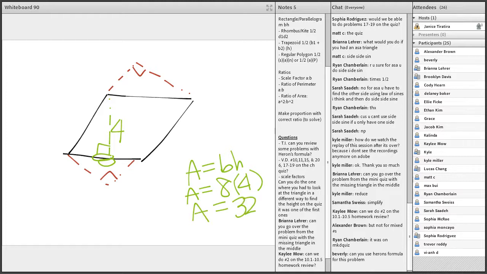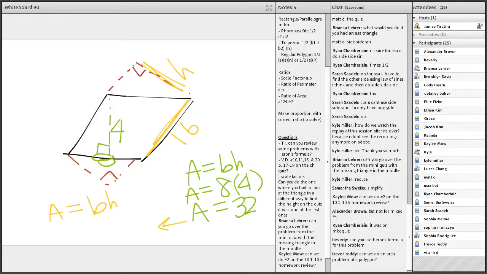Okay, but what if I put this length, and this length out here is 16 and h. So now I have to do the area formula all over again, but now I have a missing variable h. So I have to look at it from a different perspective, and I have 16 as my base and h as my height because they're 90 degrees to each other.